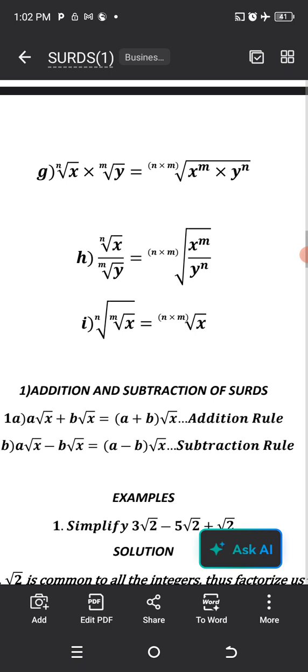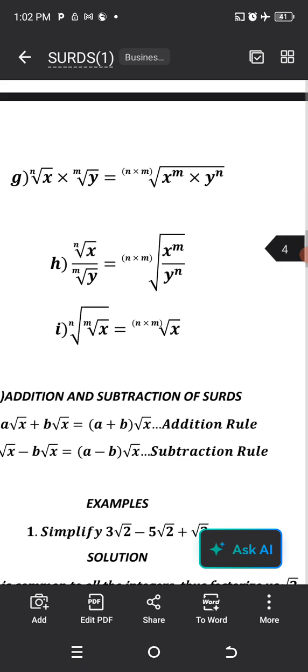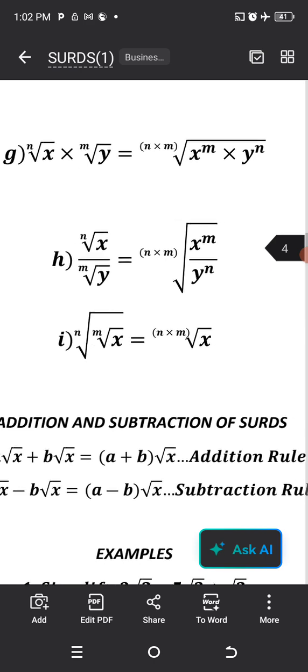When your roots have different values, the nth root of x all over the mth root of y can be expressed as the mn-th root of x raised to the power m divided by y raised to the power n. They interchange their powers too, in the expression at the front of that equality.